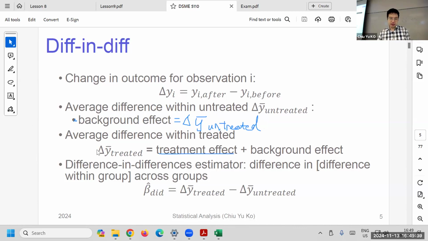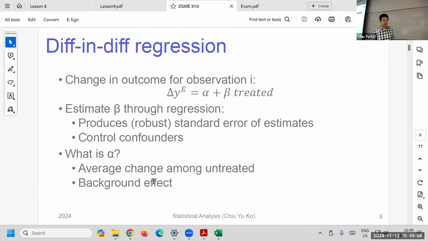And if you want to do causal analysis, I think 80% of the studies are based on this one. This is the technique that's so commonly used, I think most people will use that one. It's very simple. You just run the regression. Look at change in outcome, look at treated, and the beta is the thing we want.